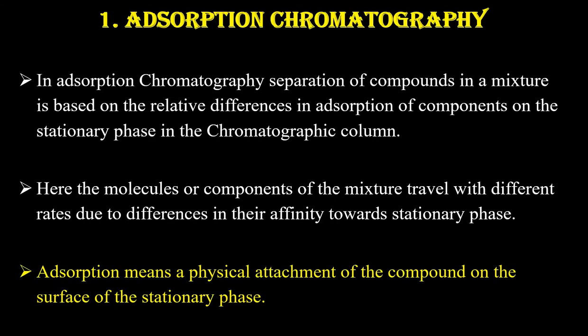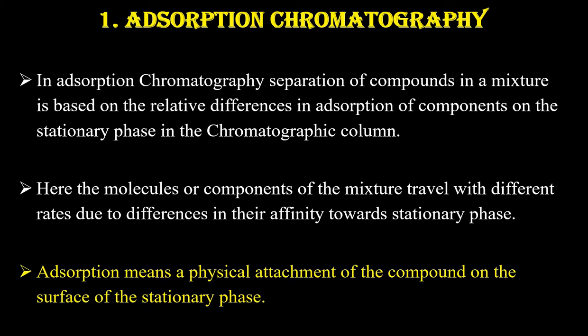We'll consider first adsorption chromatography. In adsorption chromatography, separation of compounds in a mixture is based on the relative difference in adsorption of components on the stationary phase in the chromatographic column.